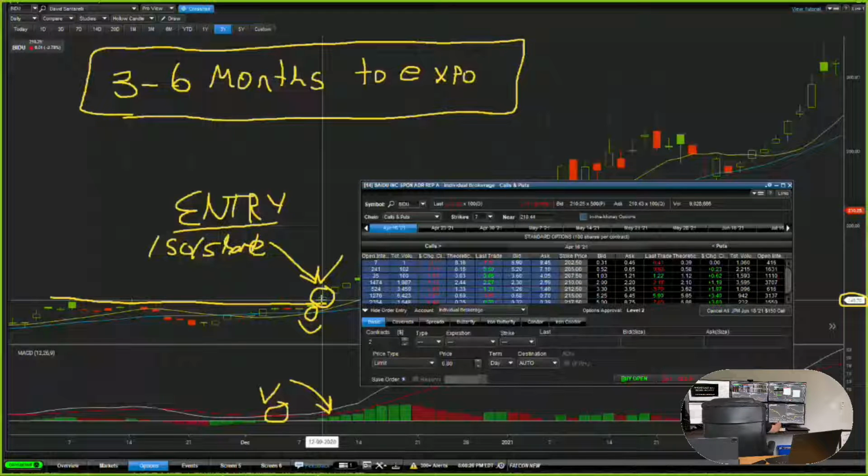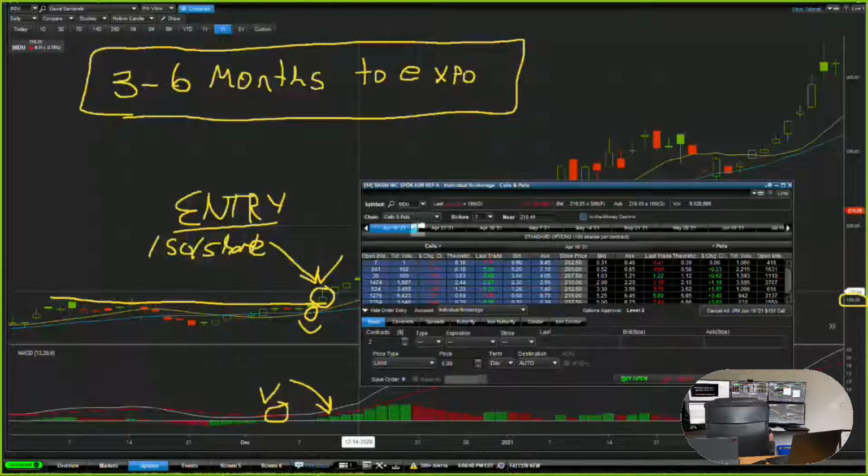Okay, I'm writing that down on my notebook here too, so you guys can see. There's my notebook. I just wrote that down. December 9th, 2020 was entry. What was the stock at? Because when you get that first new cycle formation, you're looking at an at the money or a slight out of the money strike call. So let's see, what was it at right there? It was at 150.